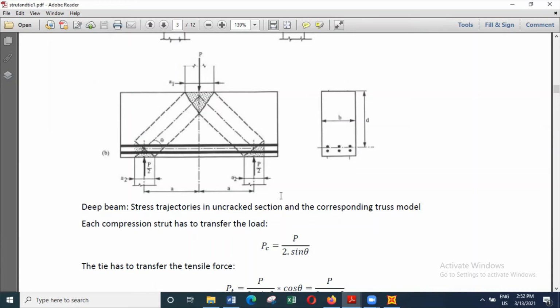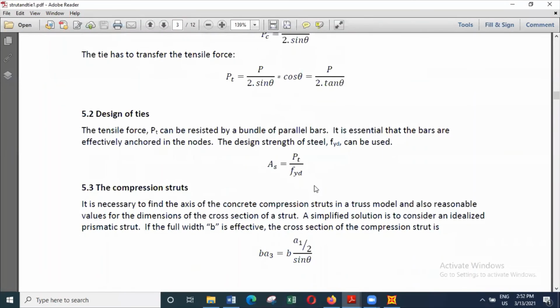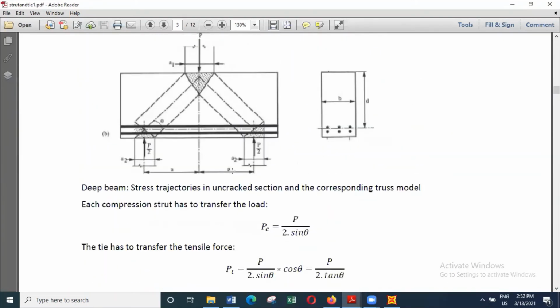So if we consider that the width of the strut is A3, then the cross section of the strut will be B times A3, and if you look at this diagram, you can see this angle is theta here. And this full one is A1.